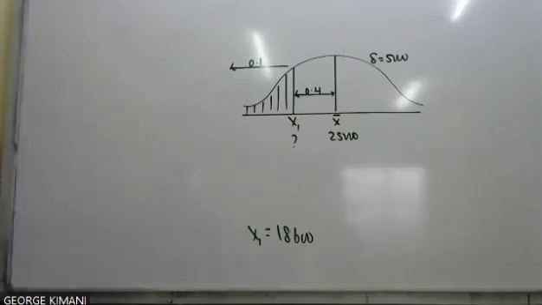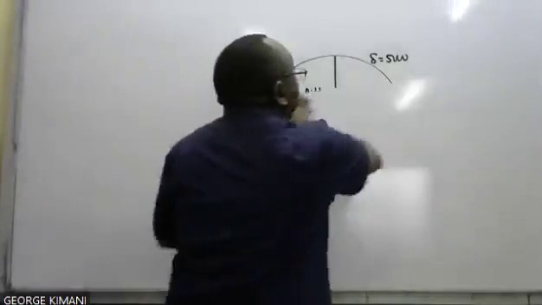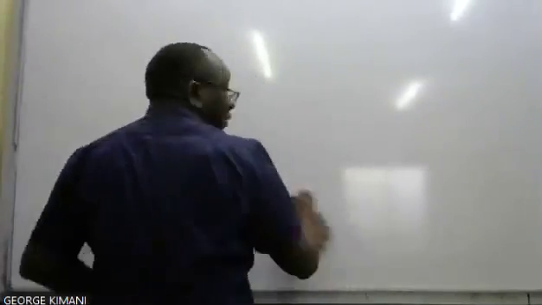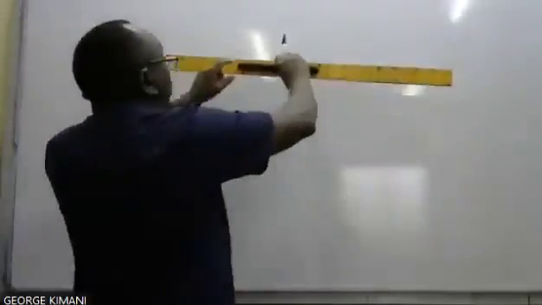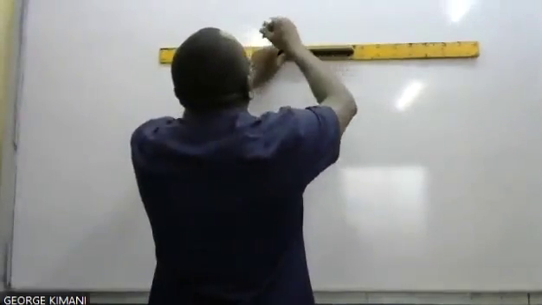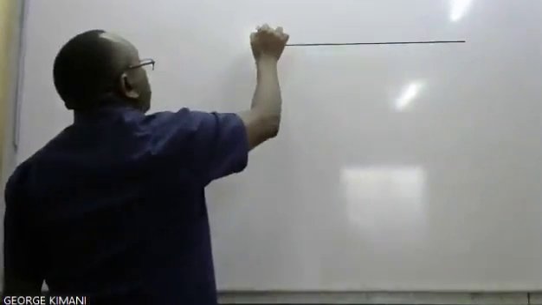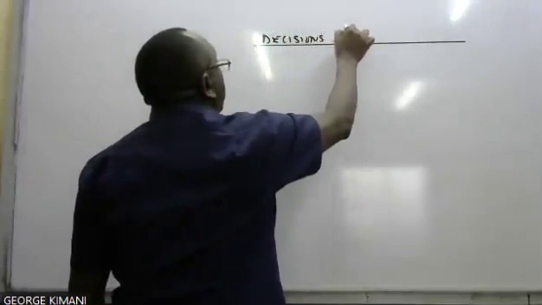Okay, so now we are through with that area of probabilities for now. I want us to proceed to the next topic, which is called decision making.